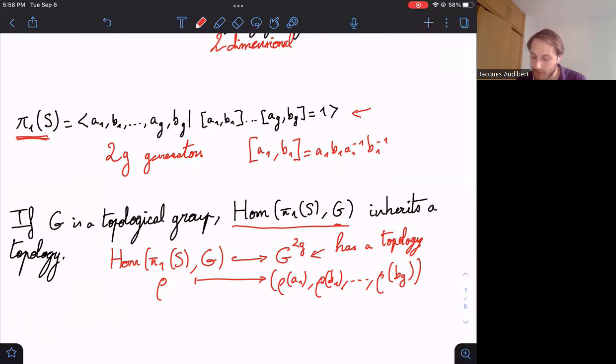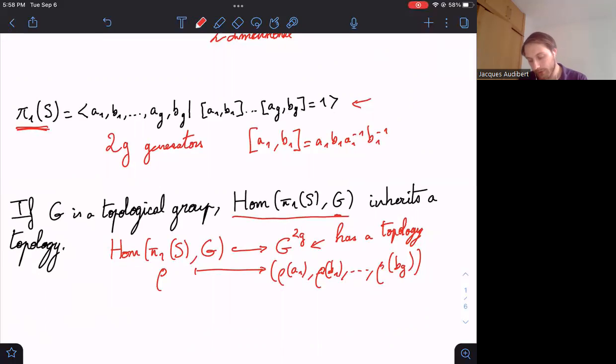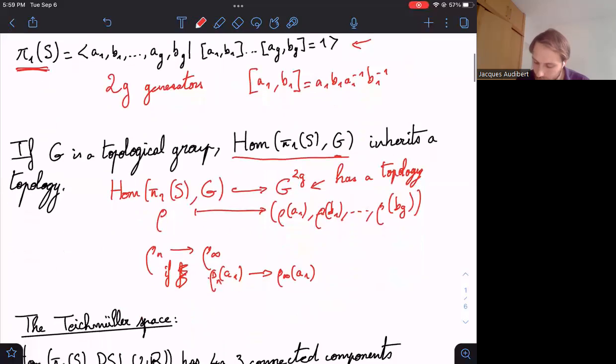So basically, it just means that a sequence of representations converges to a representation rho infinity if, for A1, for example, the sequence rho n of A1 converges to rho infinity of A1. And we want this, but we also want all of those, up to rho n of Bg.